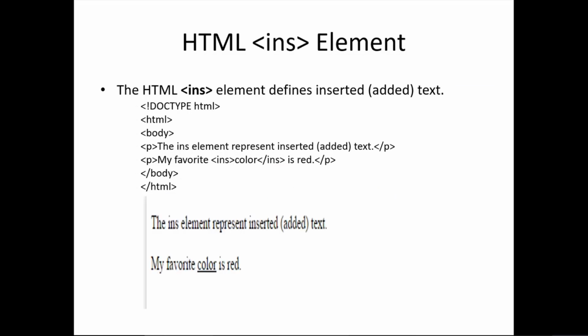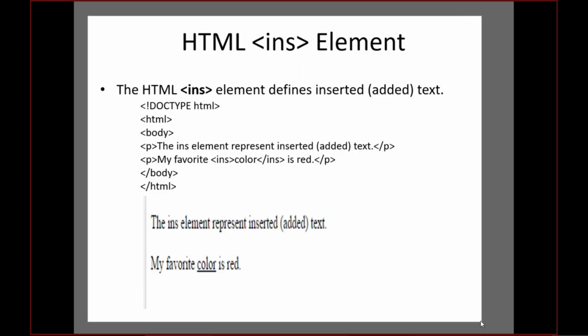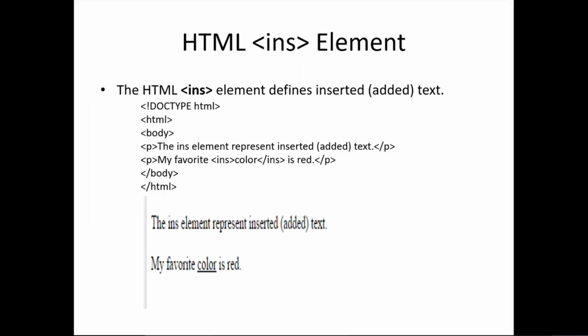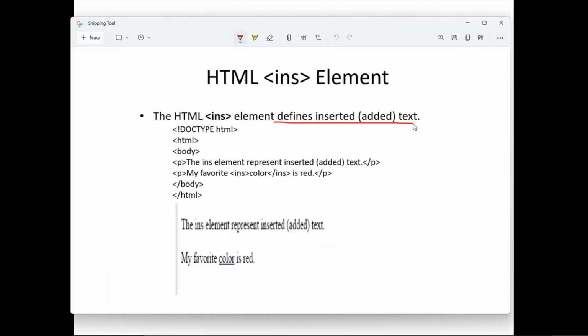Then the ins element, it defines the inserted or added text. The same way as we did for the deleted text, this is the reverse of it. So ins defines inserted, added text.